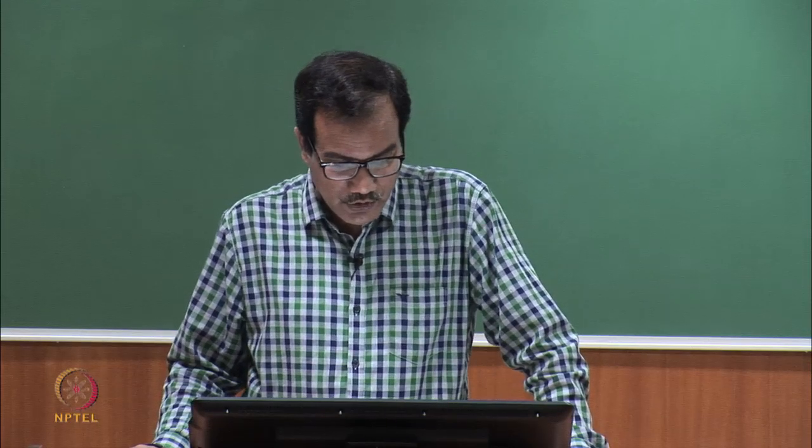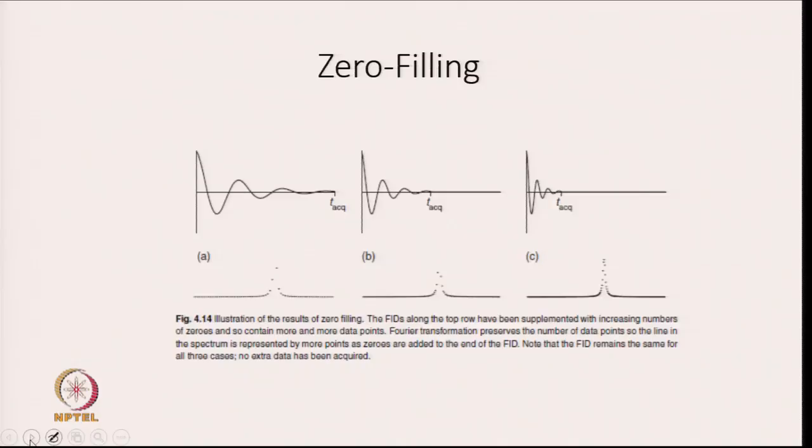Another important thing in processing of NMR data is what is known as zero filling. Suppose I take NMR data for this much time, this acquisition period. So, basically you are taking this many data points.